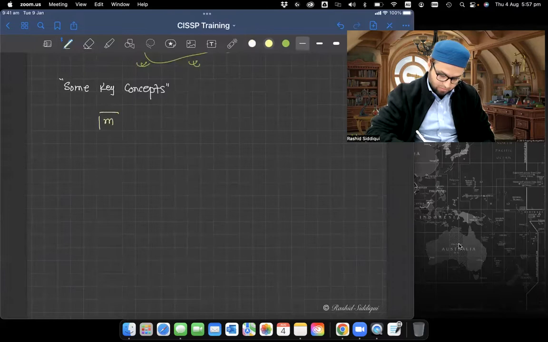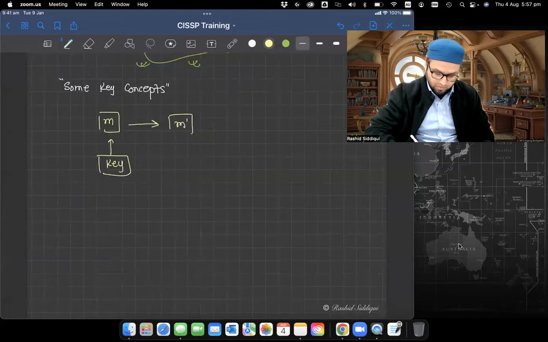If you have a message M, this message M can be encrypted with a key. So you have a key, you apply the key on message M, and M will be an encrypted message M dash. When I say M dash, it means an encrypted message.